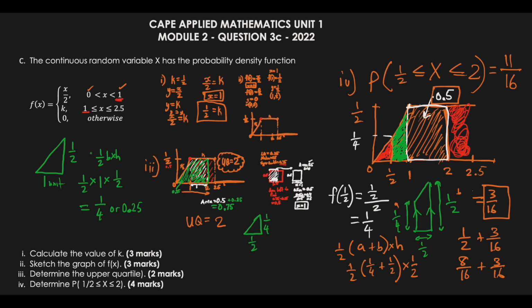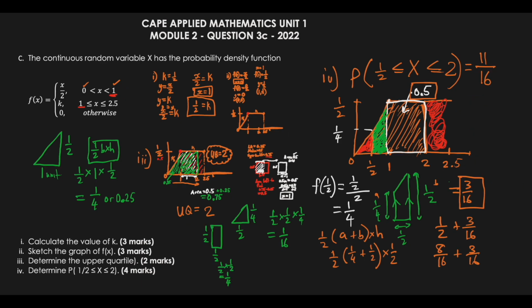So using the same half base times height, we'll have half multiplied by a half, because that's the base, times a height, which is a quarter, which is going to give me 1 over 16. Now this piece here, 2 to 2.5, would be a half, and the height is what? A half. So based on this one, it would be a half times the height, which is also a half. Now area of a rectangle is length times width, but in this case it is a triangle, so half times half times a half is a quarter.